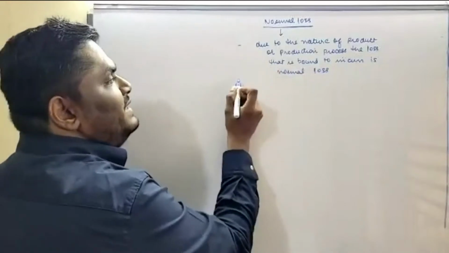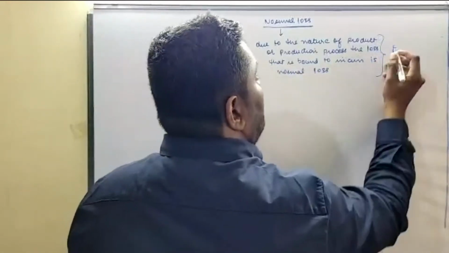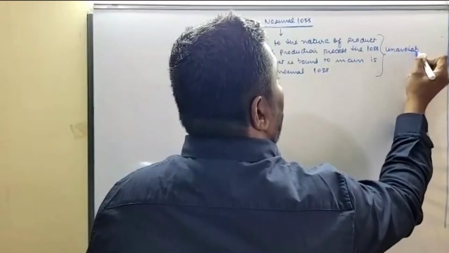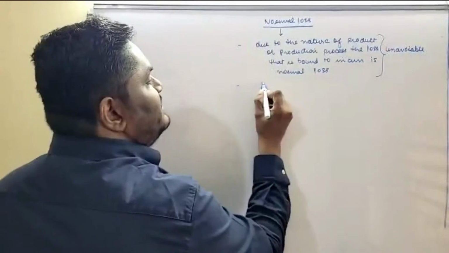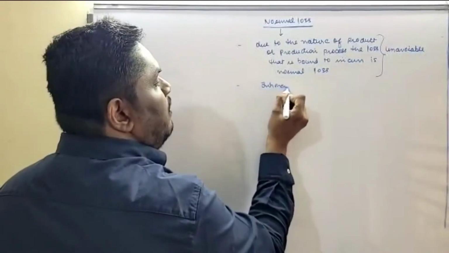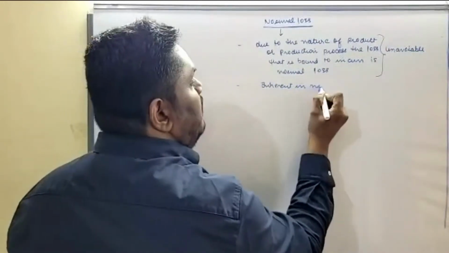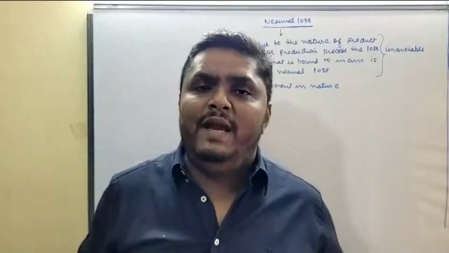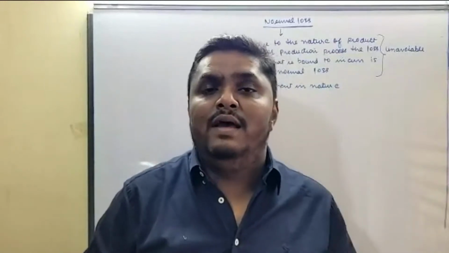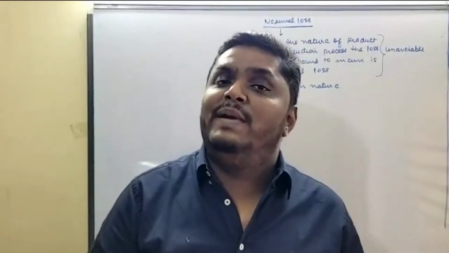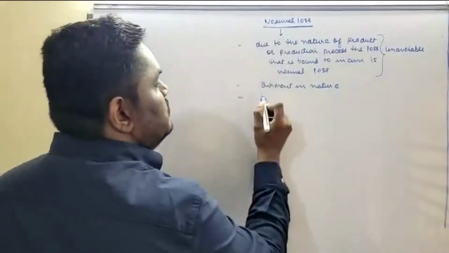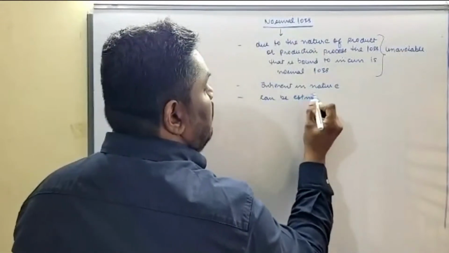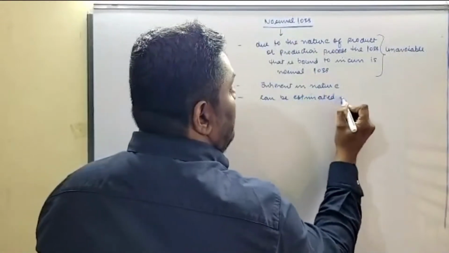So in short, we can say this normal loss is unavoidable, or we can say it is inherent in nature. This normal loss, depending upon the past experience and past data, can be expected, can be estimated well in advance.